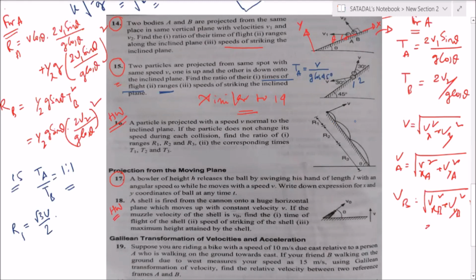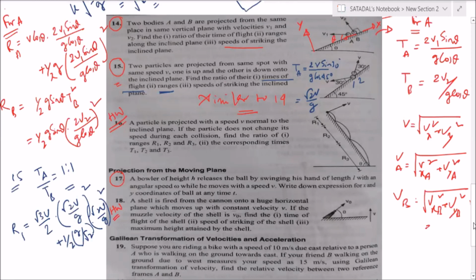Is this coming? And 2V sin 30 degrees by this one. So this cancels, root 2 V by g, right? So it is coming to be root 2 V by g whole square. Is this okay? Plus half g sin 45, meaning g by root 2 into T square, root 2 V by g whole square.